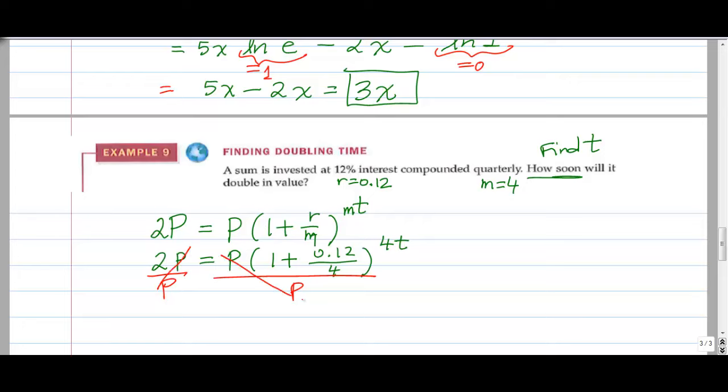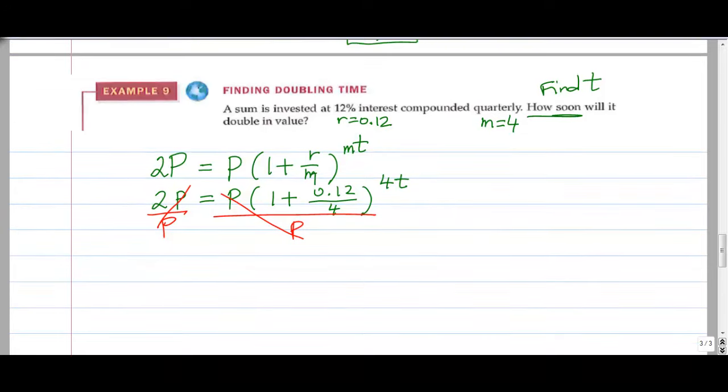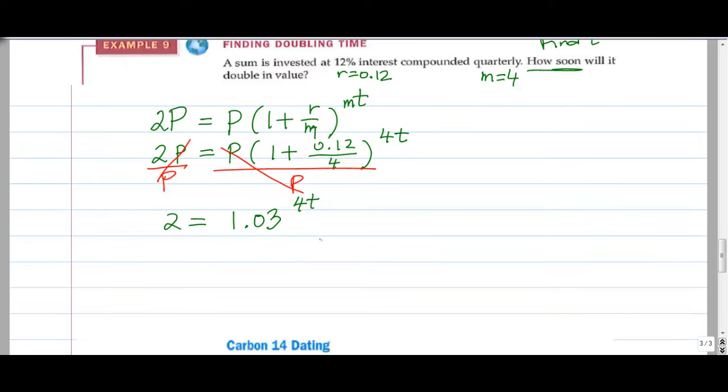And then that's gone, and I'm left with 2 equals 1. And then let me just do everything in one step here. 0.12 divided by 4 is 0.03, right? 12 divided by 4 is 3, and then you move the decimal 2 spaces to the left. So that's 1.03 raised to the 4t. Okay? So that is the equation I want to solve for t.